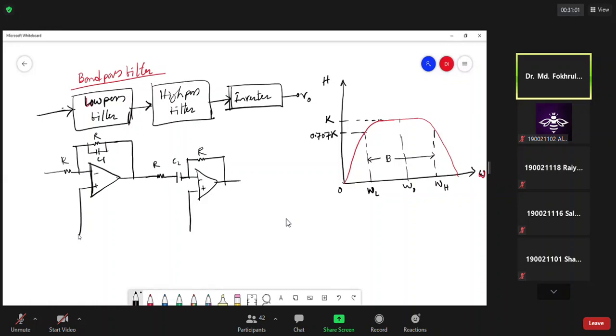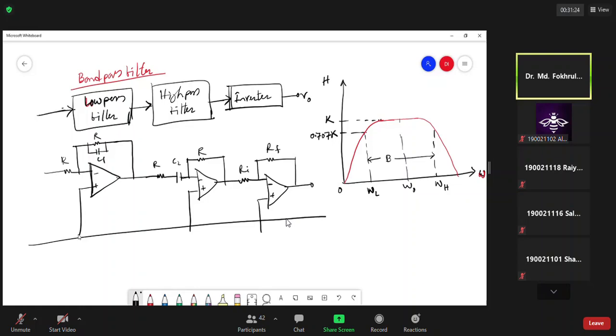Then after the high pass section we have the inverter, with input impedance RF by RI. This will be the output, the band pass output. It can be grounded, and this will be the input.